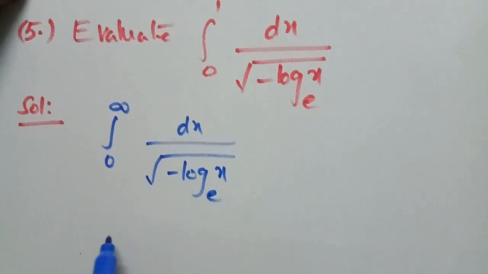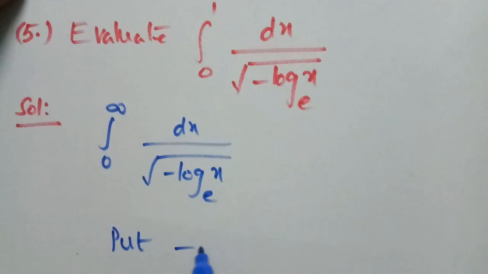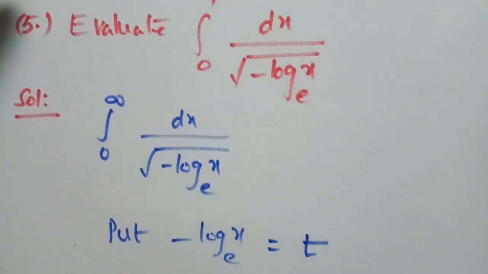Therefore, here, integration by substitution: minus log x base e is equal to t.